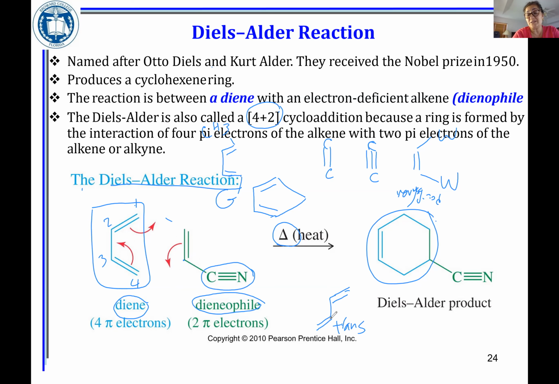If it's a trans diene that is restricted in a cyclic system, that you cannot turn around or twist to change to cis, then that diene is not good at all. It cannot go through Diels-Alder reaction, because if you have an open chain trans, this can go to cis configuration.